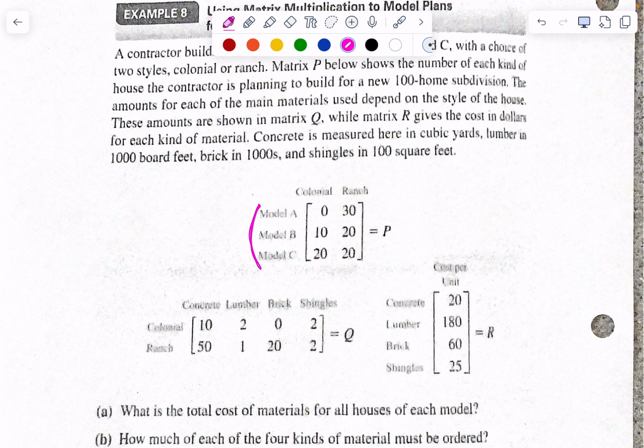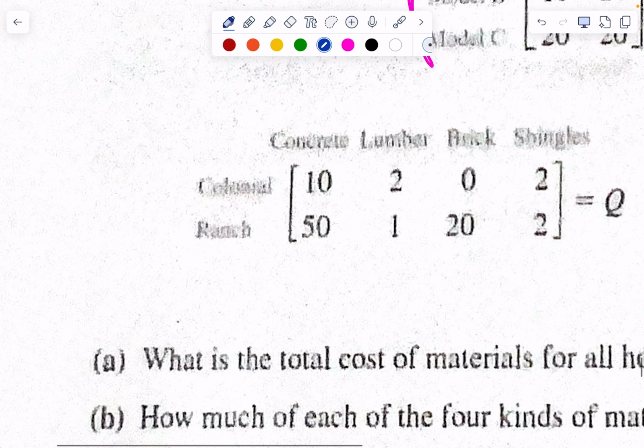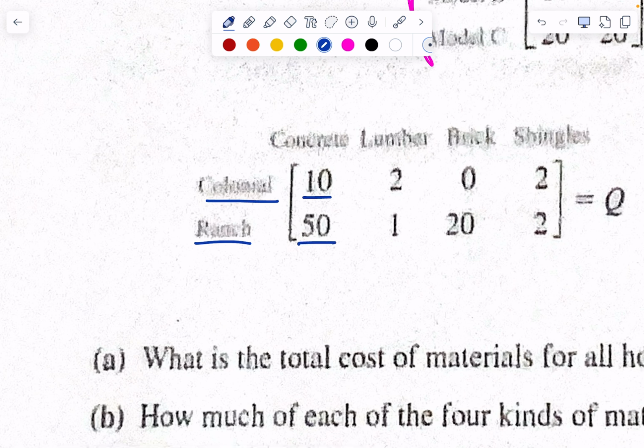Now we're gonna talk about how much everything costs. So we've got the amounts of each of the main materials used depend on the style of the house, okay? So in a colonial house, concrete only costs $10 or whatever. In a ranch style house, there's a lot more concrete, right? Lumber for a colonial is more than a ranch style.